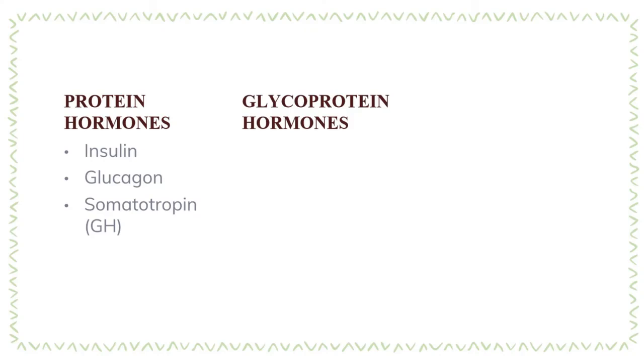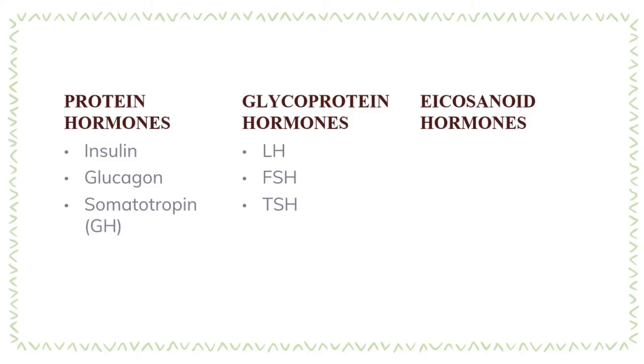Lipoprotein hormones. These are conjugated proteins bound to carbohydrates, which include galactose, mannose, and fructose. For example, luteinizing hormone, follicle-stimulating hormone, and thyroid-stimulating hormone.